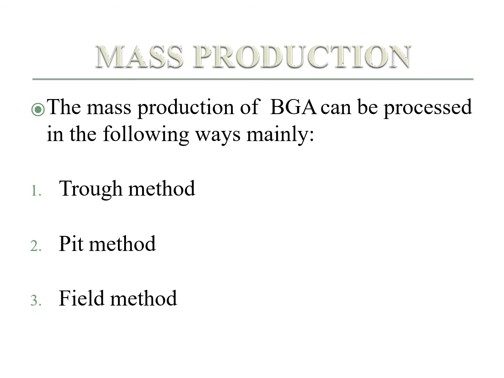In the trough method, we use trays of iron and zinc, and in that tray we add a layer of soil, and over that layer of soil we maintain a layer of water, and in that we pour the blue-green algal inoculum. After 15 to 20 days, we get a mat of blue-green algae inside the laboratory condition, which can be taken up, dried, and used as a biofertilizer in the agricultural field.